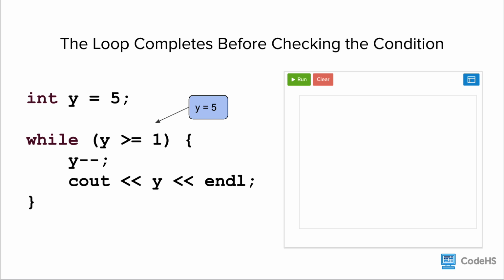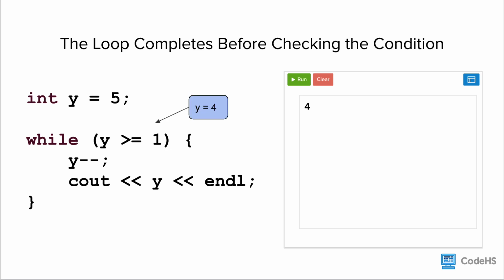Let's look at an example of this. In this loop, y starts out at 5, and the condition is to loop while y is greater than or equal to 1. So the condition is true and the program enters the loop. y is first decreased by 1 and then printed out.